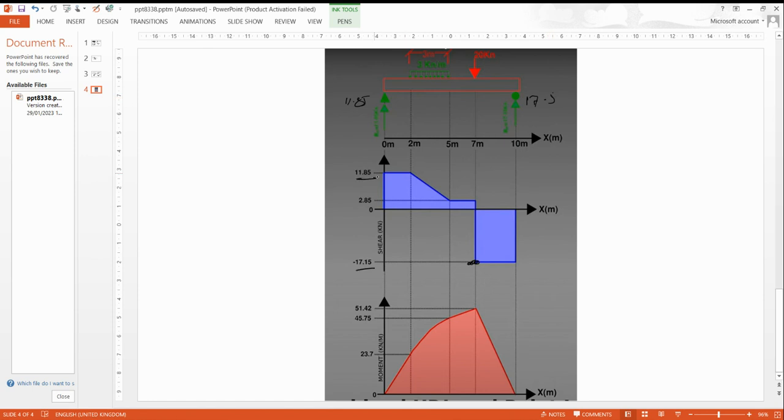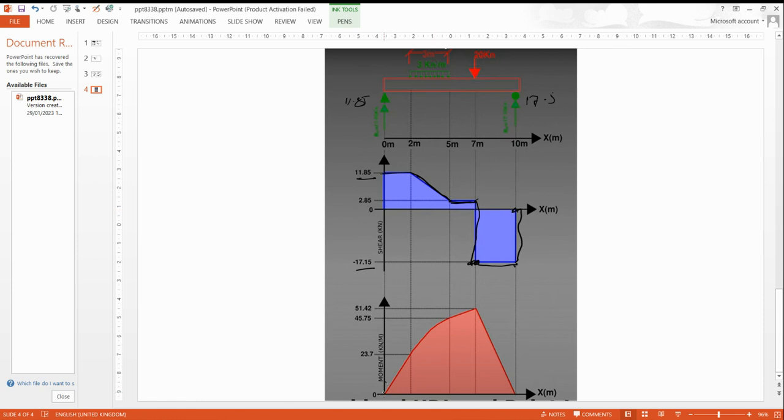There is no load, so it's going straight. Then there is UDL, so it will go down inclined because there is UDL. Then there is no load, so it goes straight. Then it's downward 20. Then there is no load, so it goes straight. There is a support with 17.5 upward, so it's 0.